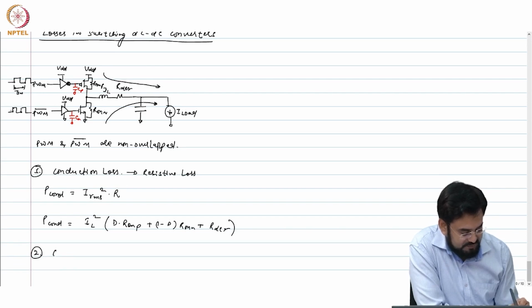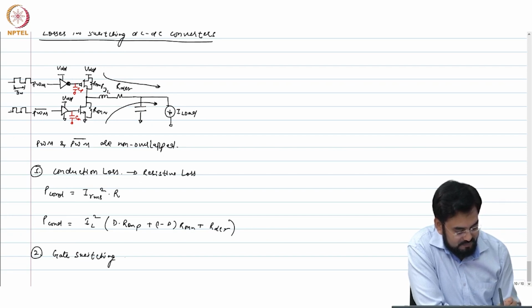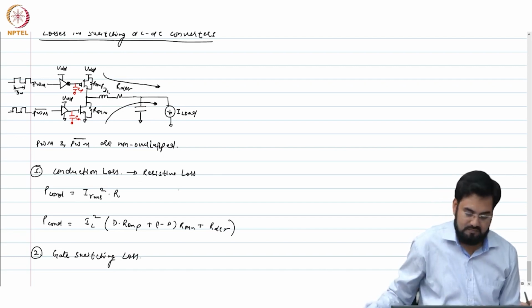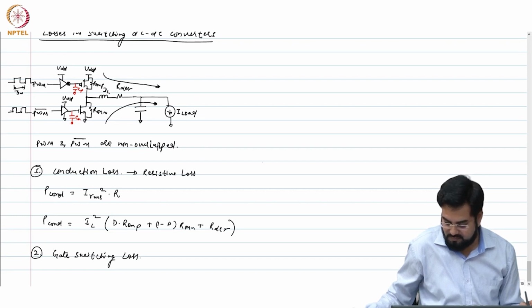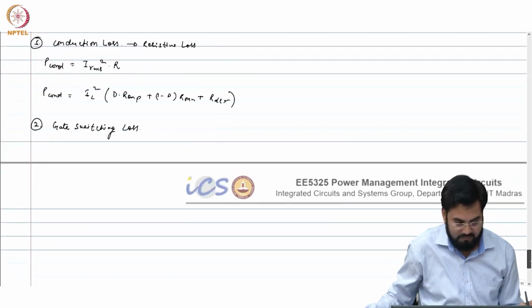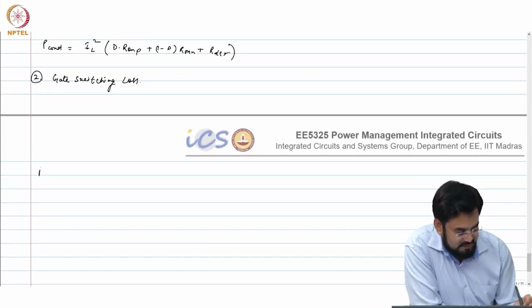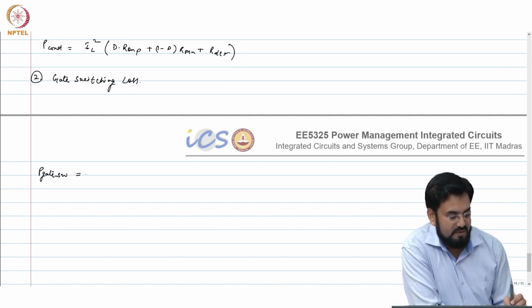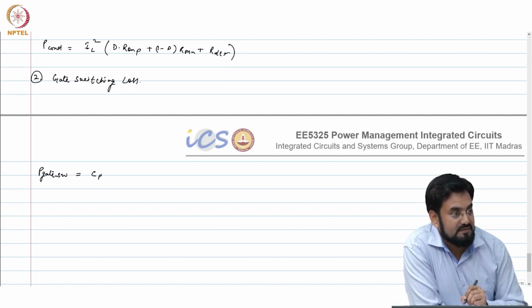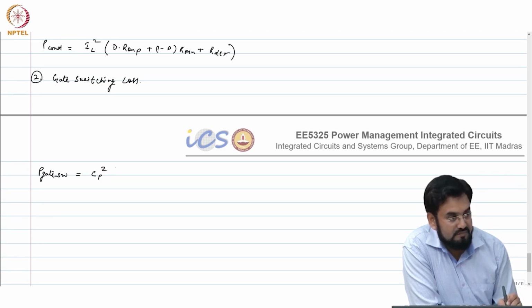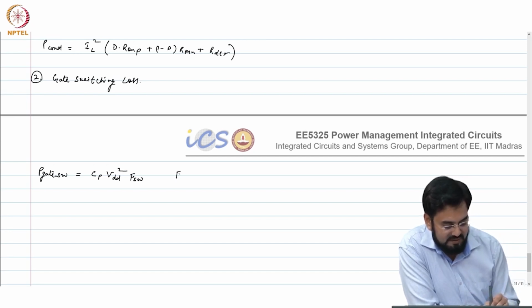So gate switching loss, I call it E gate, is CP times VDD square, and F is nothing but FSW, and FSW is nothing but 1 over TS.